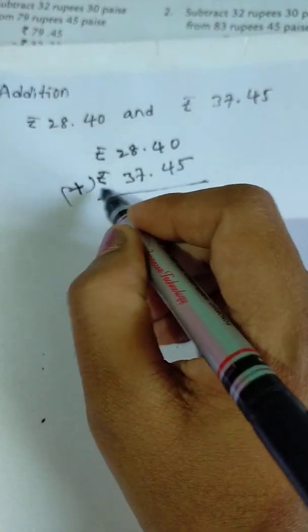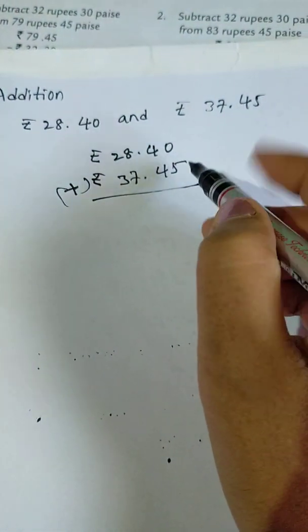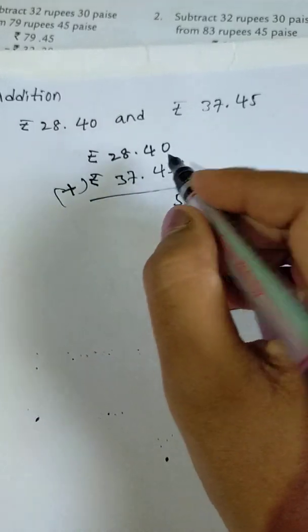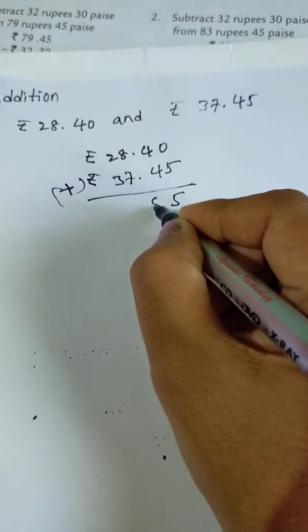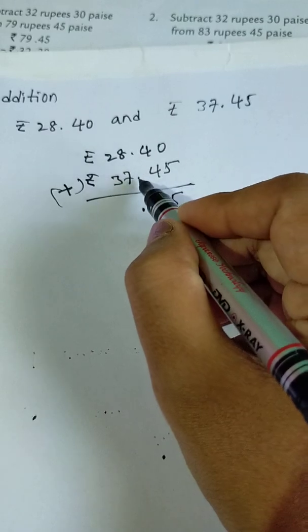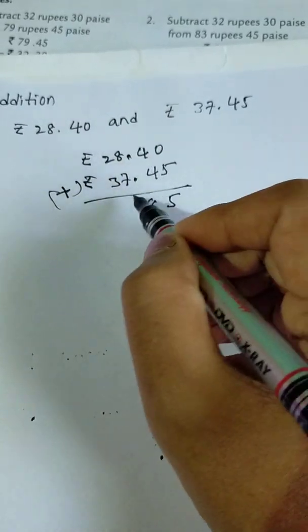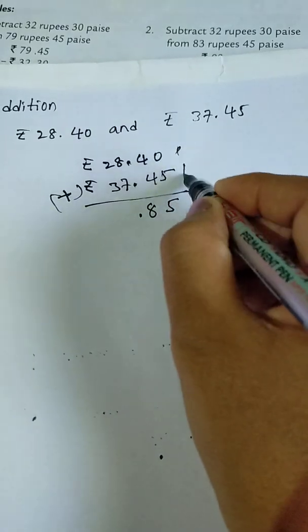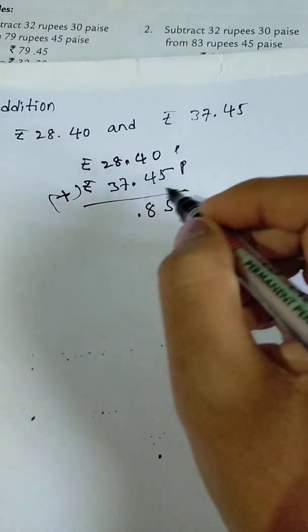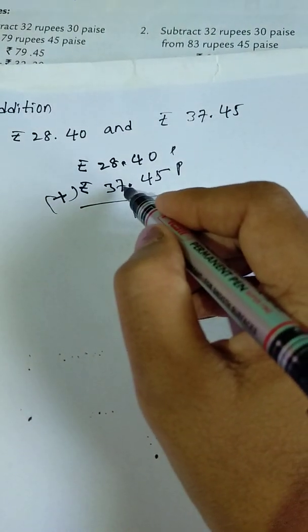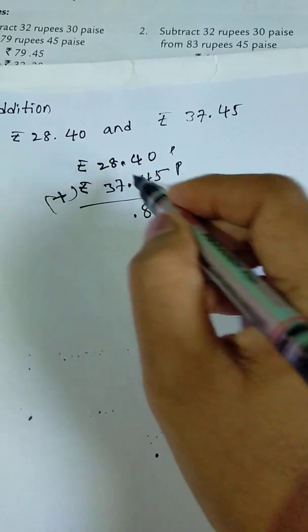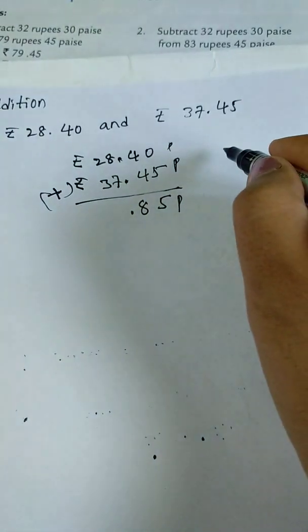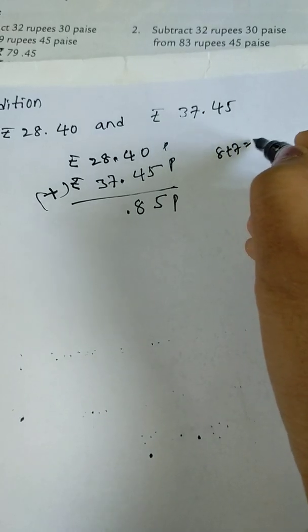This is the symbol of addition. So add: 0 plus 5 is 5. 4 plus 4 is 8. Dot. Why? Because the dot separates rupees and paise. Then 7 plus 8 is 15.